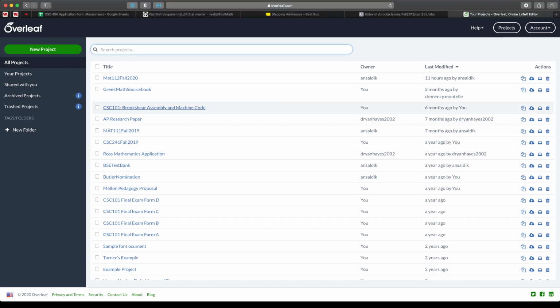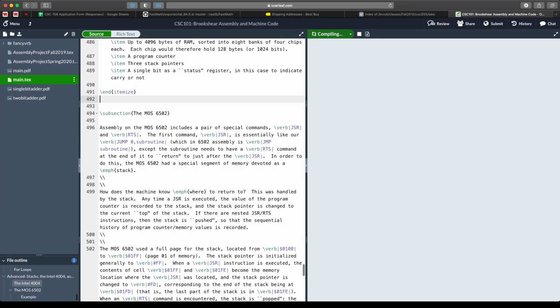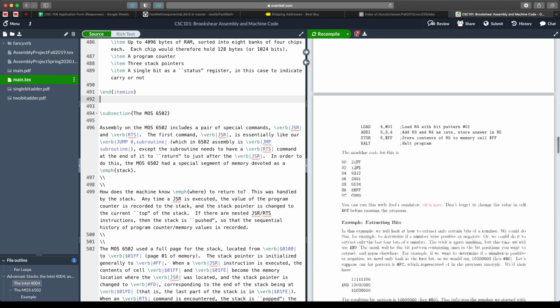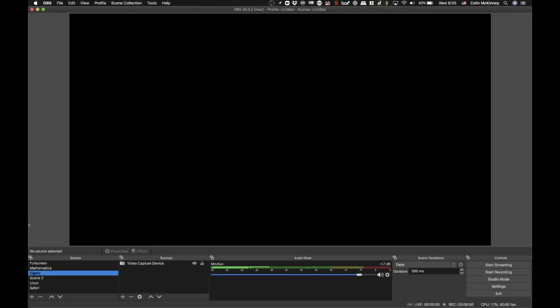Okay, so let me open up this PDF, and that's going to be kind of where we go from here. Okay, so what I'm going to do is actually split screen here. Let's see if I can do that with OBS.